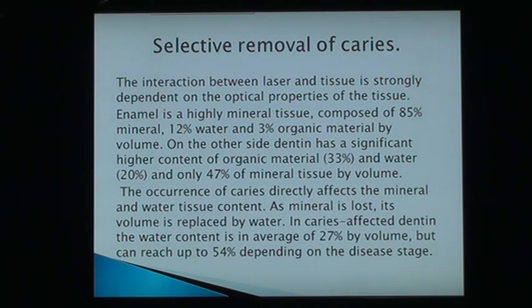The occurrence of caries directly affects the mineral and water tissue content. As mineral is lost, its volume is replaced by water. In caries affected dentine, the water content is an average of 27% by volume, but it can reach up to 54% depending on the disease stage.